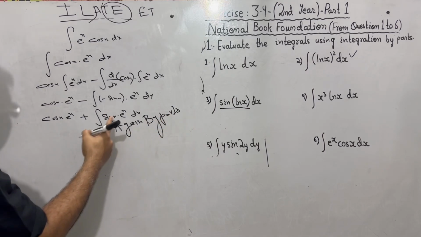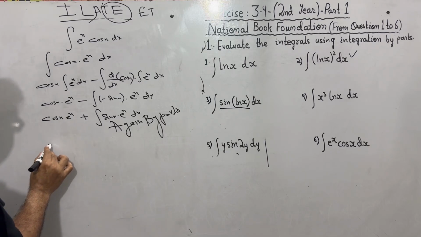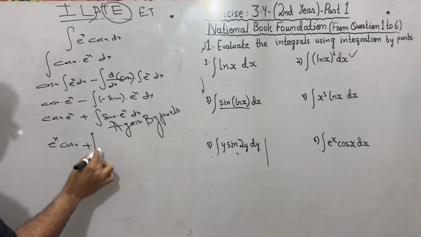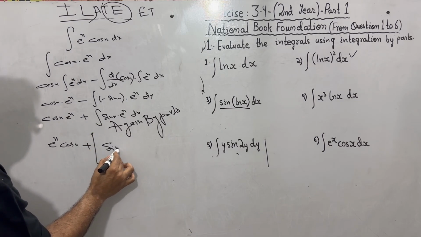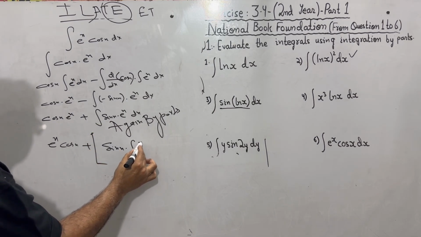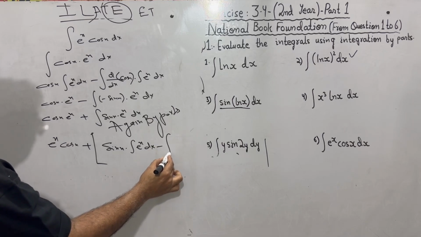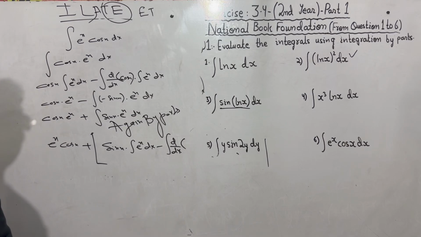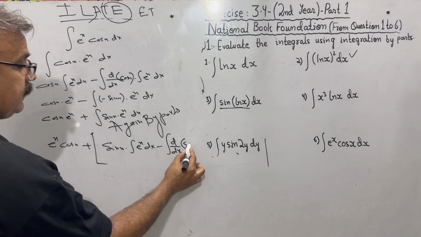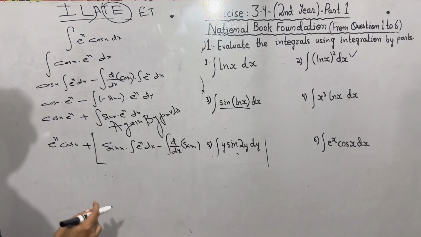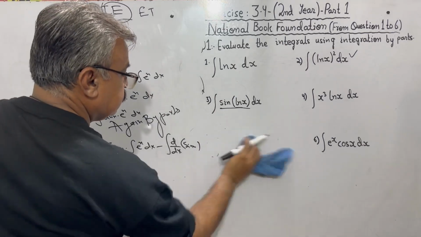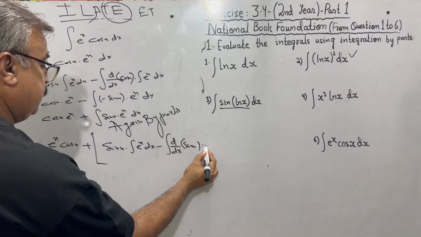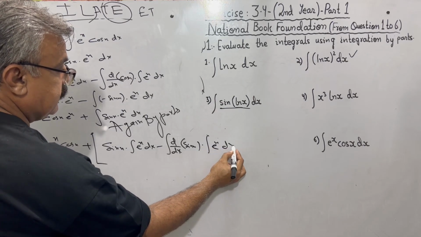Again by parts. Same. It will become e raised x times cos x plus first same sin x, integration of second e raised x dx, minus overall integral, differentiation of first, differentiation of sine, and integration of e^x dx.